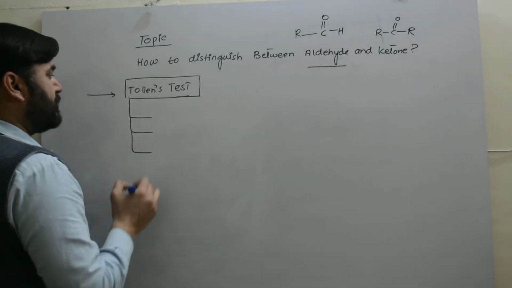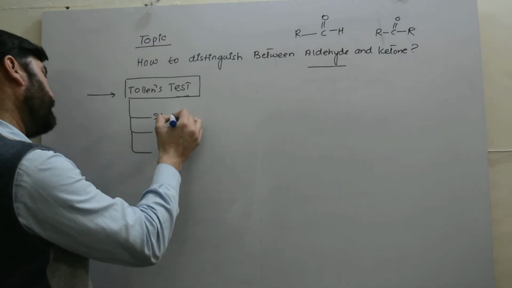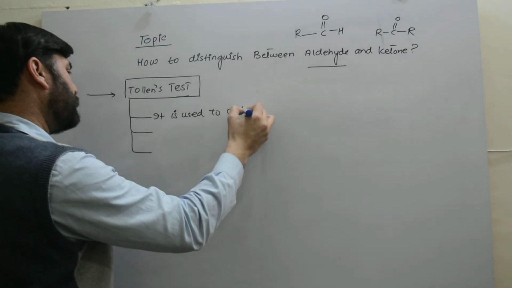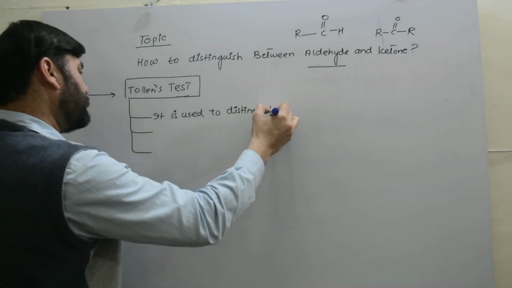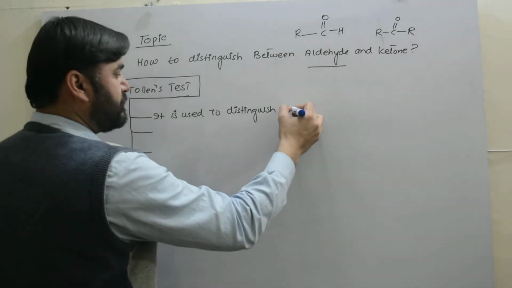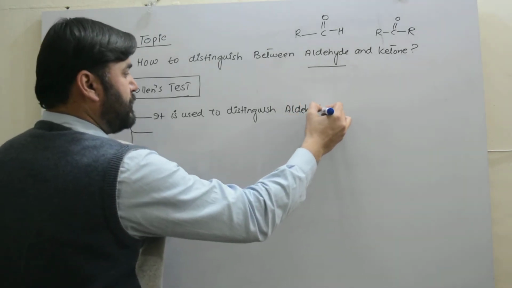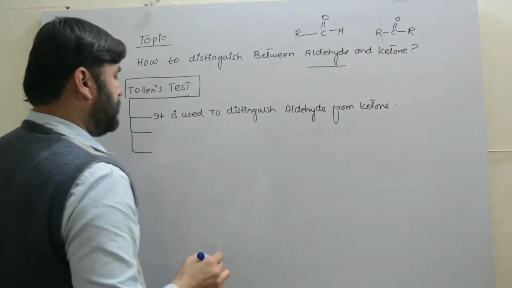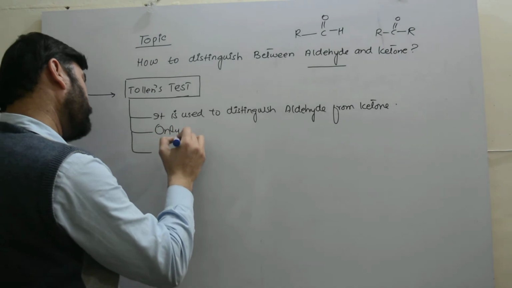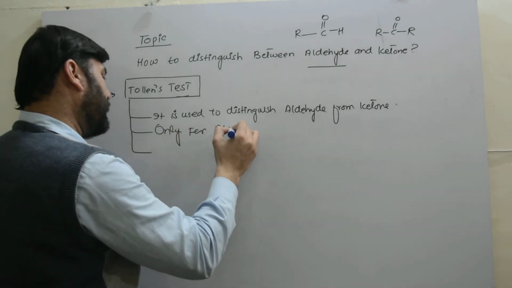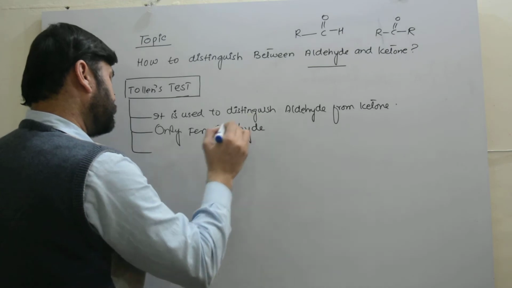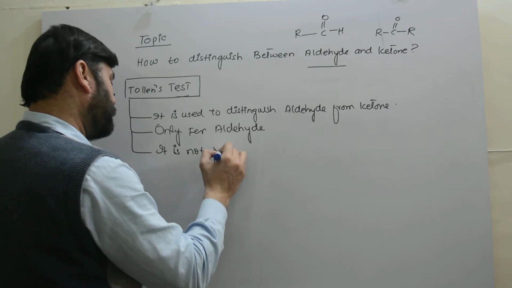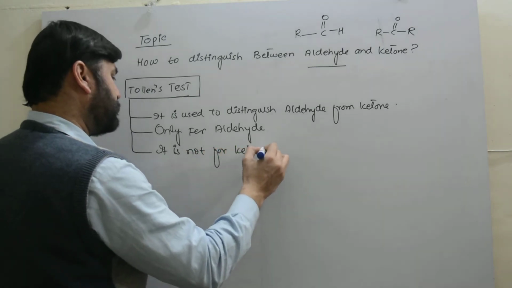What are these three things? Number one, it is used to distinguish aldehyde from ketone, meaning only for aldehyde, not for ketone.